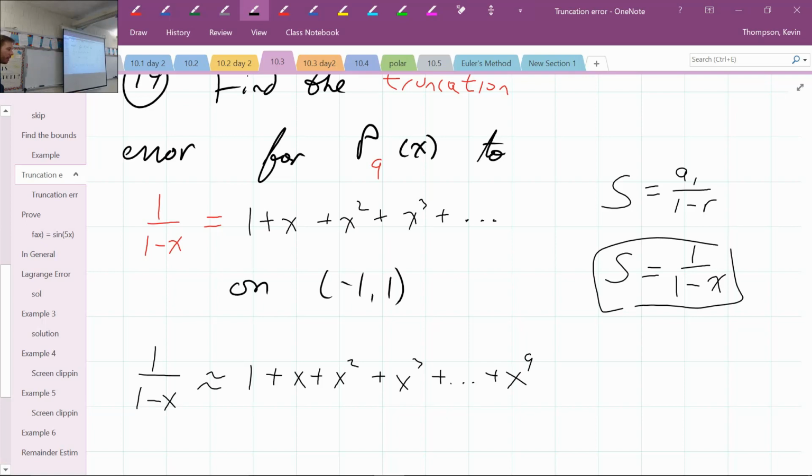So again, managing the error, how bad is this as an approximation? So I can find the truncation error. If you think about it, the piece that I should have added should have been this, plus ... If I would have included that blue portion, I could have switched to an equal sign.